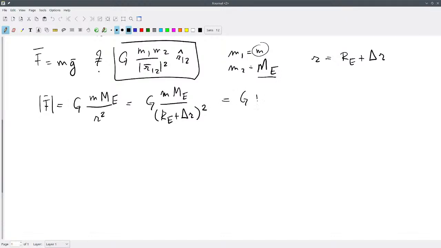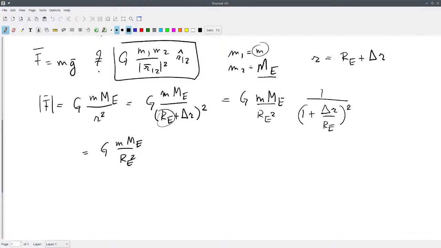Or G times m M_E, and let me take out this factor R_E, so that becomes an R_E squared, and I'm left with 1 over 1 plus delta r over R_E, squared, right? So I can write this as G times m M_E over R_E squared times 1 plus delta r over R_E to the power minus 2.